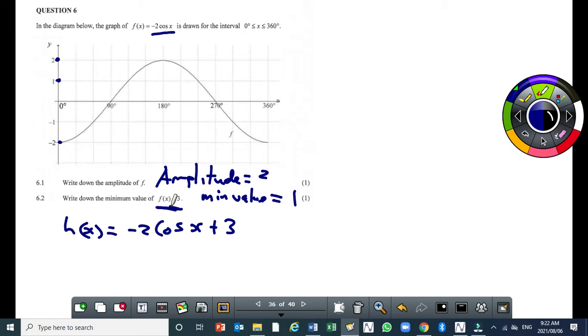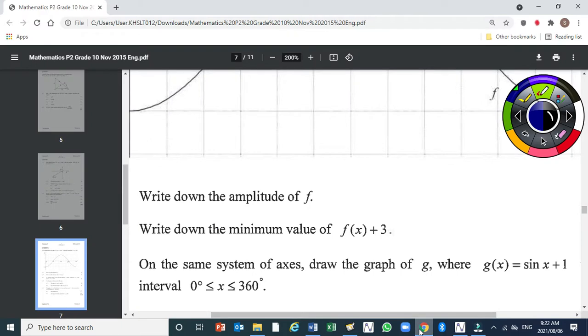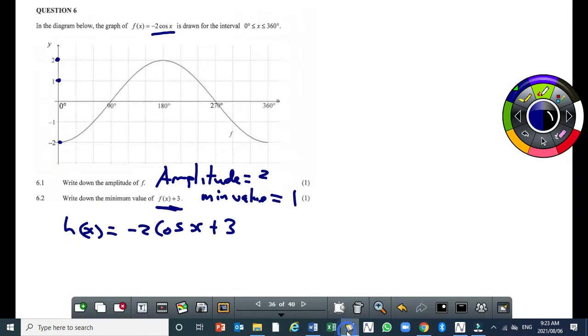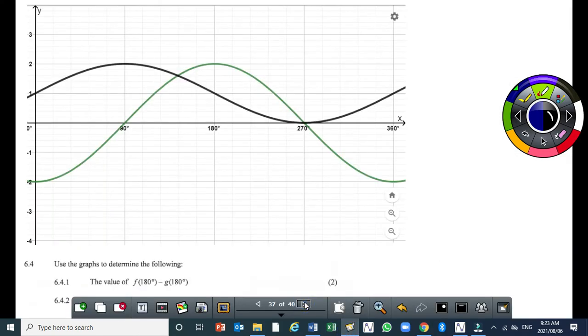And then you're supposed to sketch now this graph. You're supposed to sketch g of x equal to sine x plus 1. Now, g of x equal to sine x plus 1 means we are moving the basic graph of sine, which is y equal to sine x, by 1 unit up. Okay? So if you do that, the two graphs that you have will end up being these two.